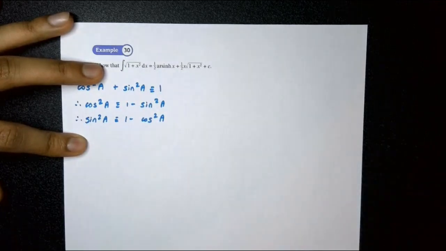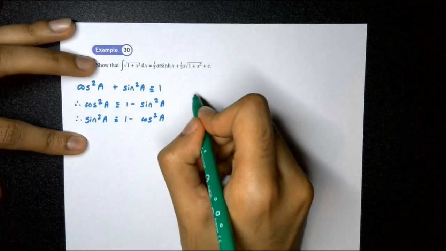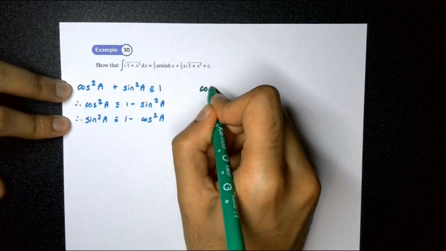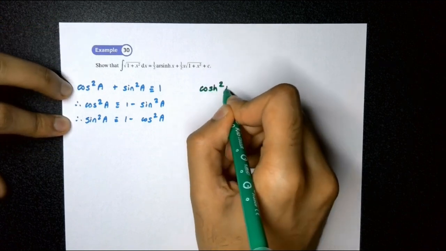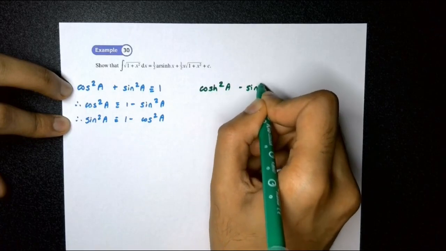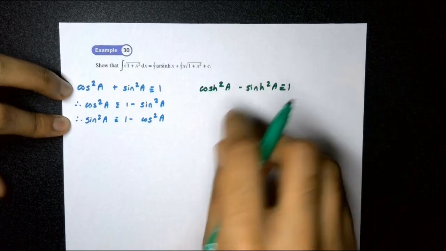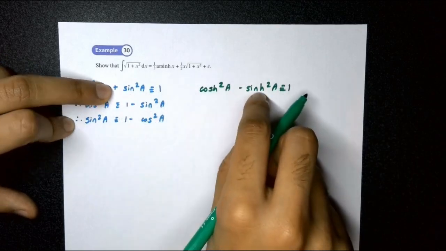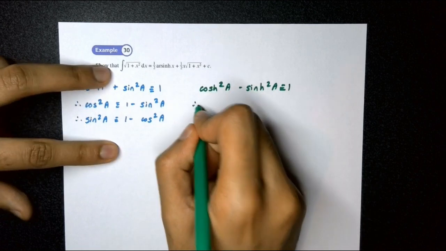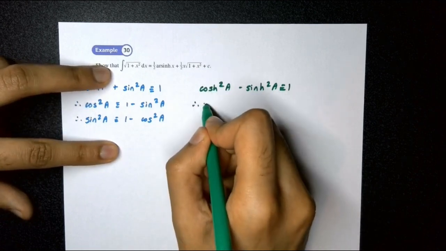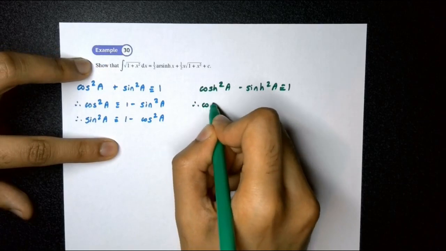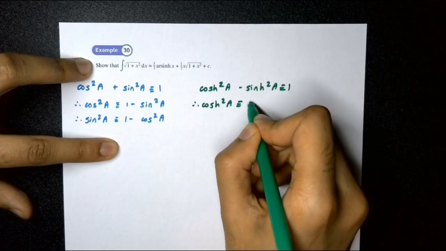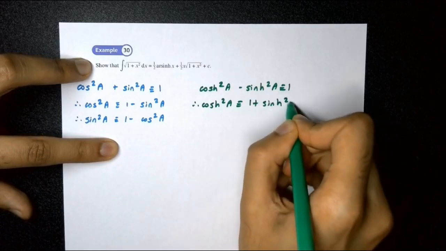So we need to move on to the hyperbolic identities. If we use the hyperbolic identities, we've got hyperbolic cos squared minus hyperbolic sine squared being equivalent to 1, and that's because of Osborn's rule: we replace the sine squared with minus hyperbolic sine squared. If we rearrange for hyperbolic cos squared, we have 1 plus hyperbolic sine squared.